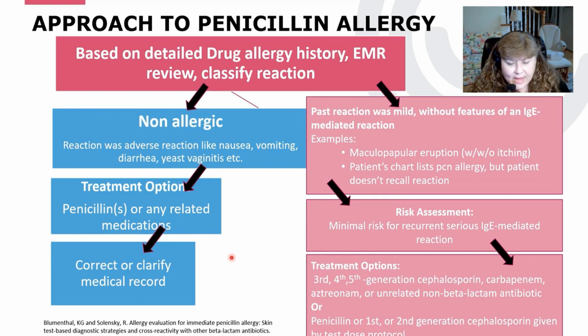And if you think it could have been potentially, then you might go ahead and do a test dose, a drug challenge, to make sure that that drug is safe. Or if you needed to decide a drug right then, you could go ahead and pick a third or a fourth generation cephalosporin, and that may make it very easy for you because you know those drugs are not going to be cross-reactive.